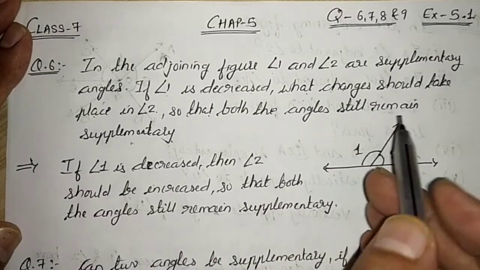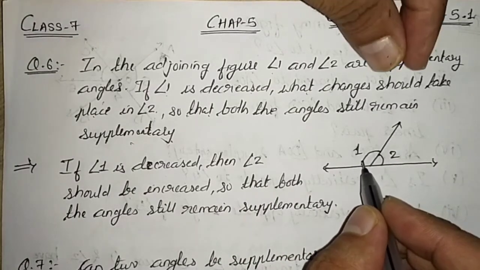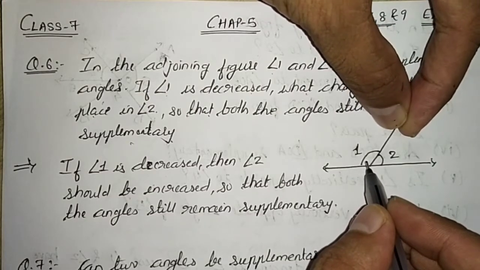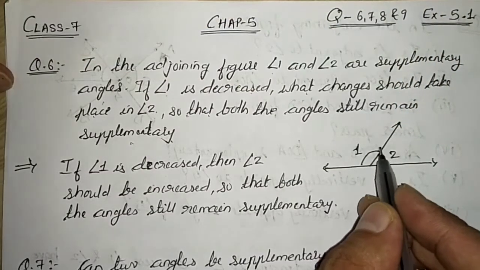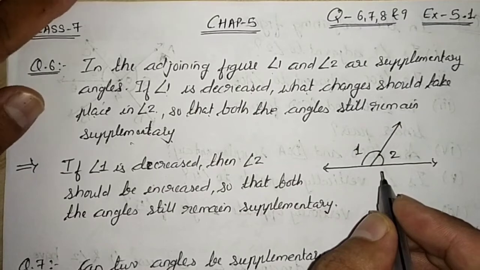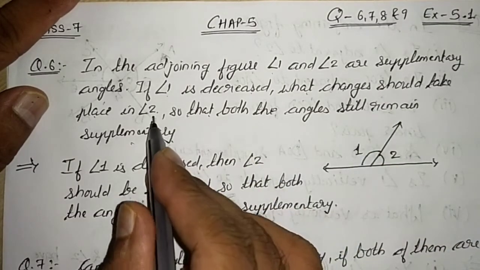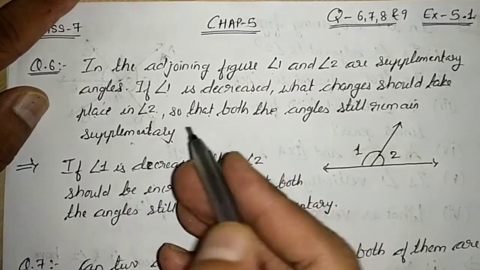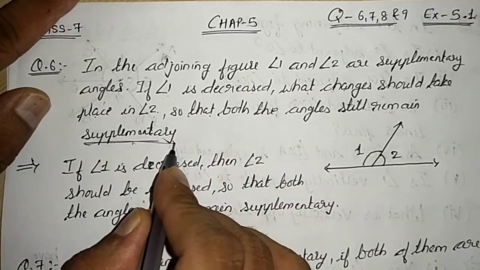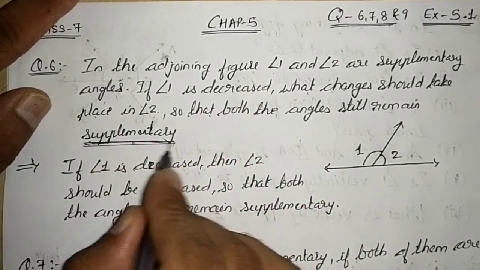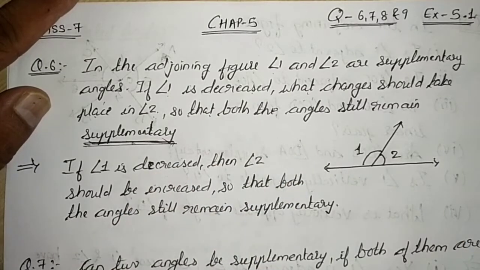If we take this angle 1 and reduce it somewhat, what will be the change in angle 2 so that they remain supplementary? The condition is they must remain supplementary. So what will be the change?